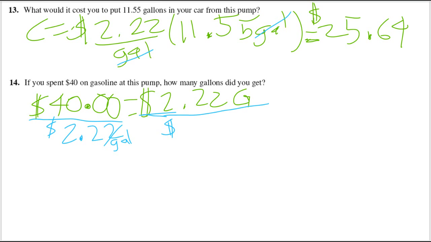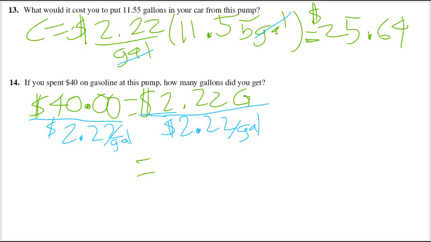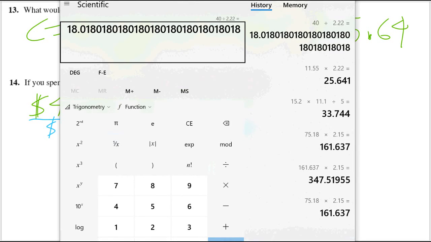But if I change the 2.22 G in the same way, then they will still be equal. Which is nice, because if I have 2.22 G divided by 2.22, I'm just left with G. And 40 divided by 2.22 is 18.02.